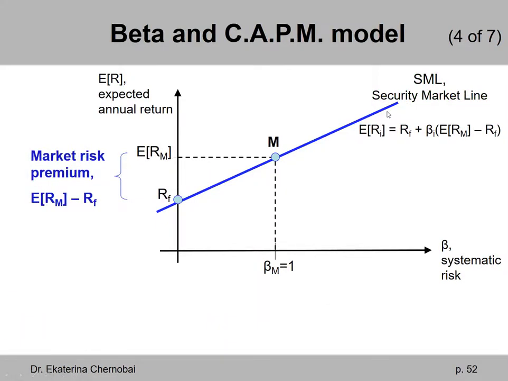What else can we say about this graph? Along the vertical axis, we marked 2 points earlier, the expected return on the market and the risk-free rate. The difference between the two, whatever that is in percent, is the market risk premium. It's actually by definition the risk premium on the market portfolio, by definition of what risk premium means, which we saw in our previous chapter.